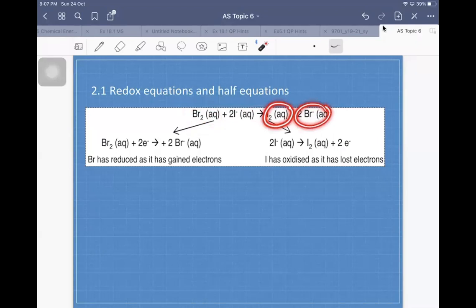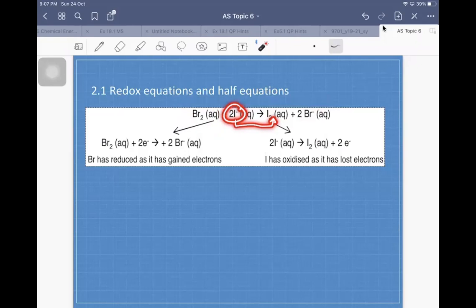A full redox equation is made up of a reduction reaction, which is going from bromine into bromide. That is your half equation for reduction. Going from iodide to iodine, that is your half equation for oxidation.